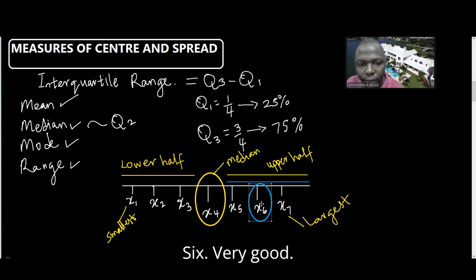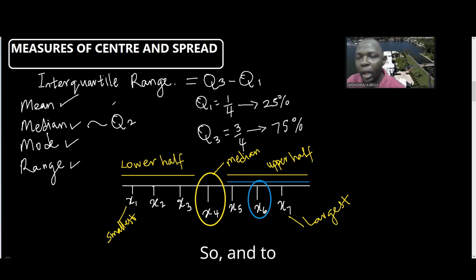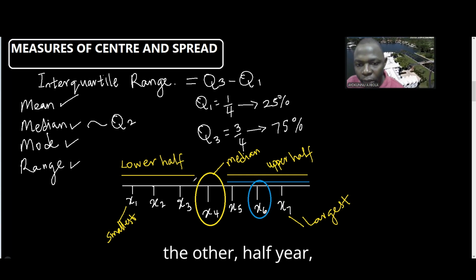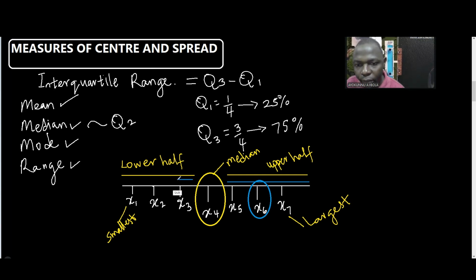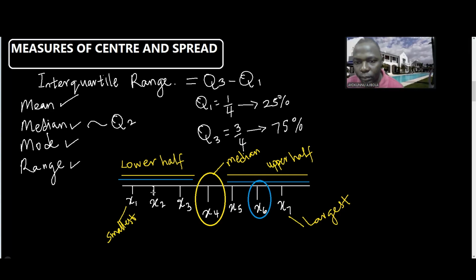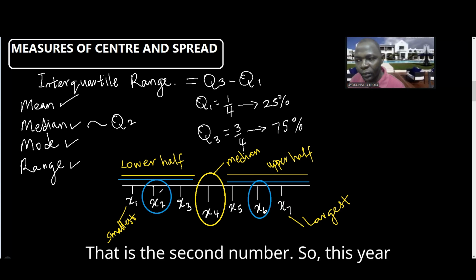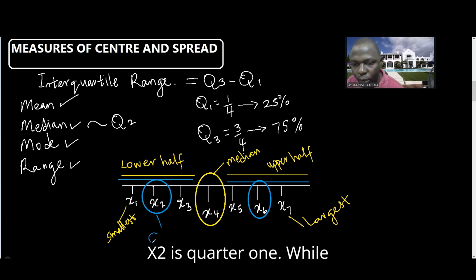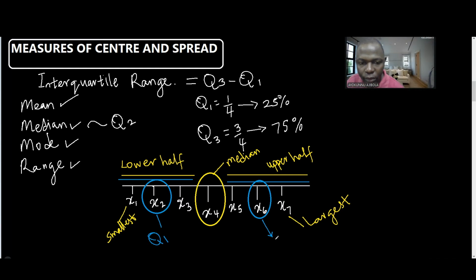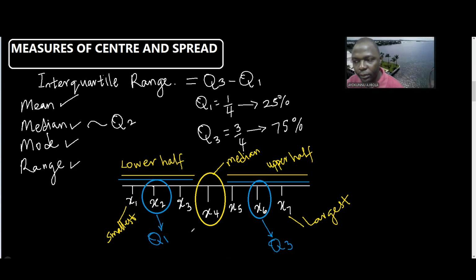X6, right? Very good. And for the other half here, the midpoint is going to be what? X2, right? That is the second number. So, this X2 is quarter one, while this X6 is what? Quarter three. Is that clear?